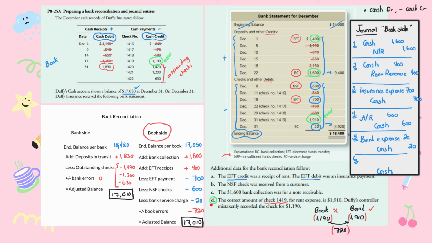Let's read note D. The correct amount of check 1419 was for rent expense. Okay, so it's rent expense. So the second account affected is rent expense. So on the debit side, I'm going to write rent expense. And the amount is 720 debit, 720 credit.